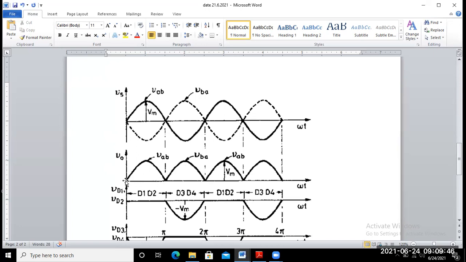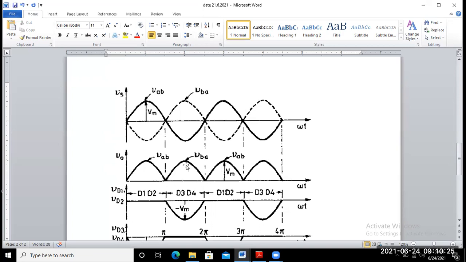We always get the output from 0 to 2 pi, that's why it is known as full wave. This is again repeated after the same interval of time. But in half wave, we only get the output voltage up to pi, and pi to 2 pi is 0.